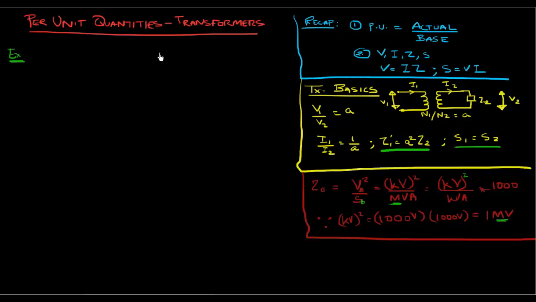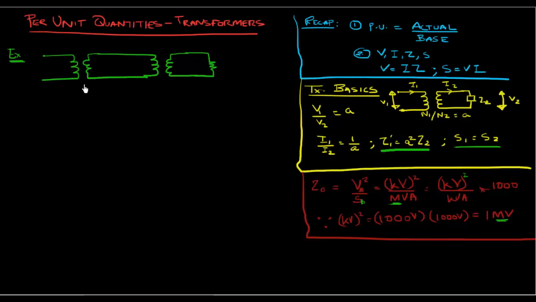So I'm going to solve an example, and using this example we are going to see the beauty of per unit quantities with transformers. So let's consider a transformer. Let me draw a circuit for you here first. We have two transformers that I'm going to draw in our circuit. So that's one transformer, then you have your other transformer, and then you have your load here, right?